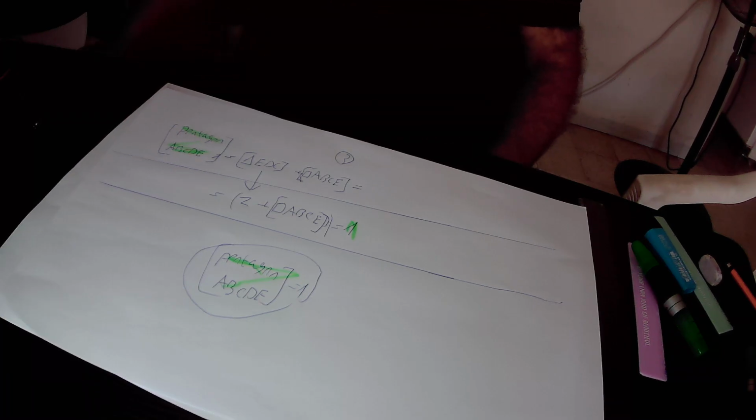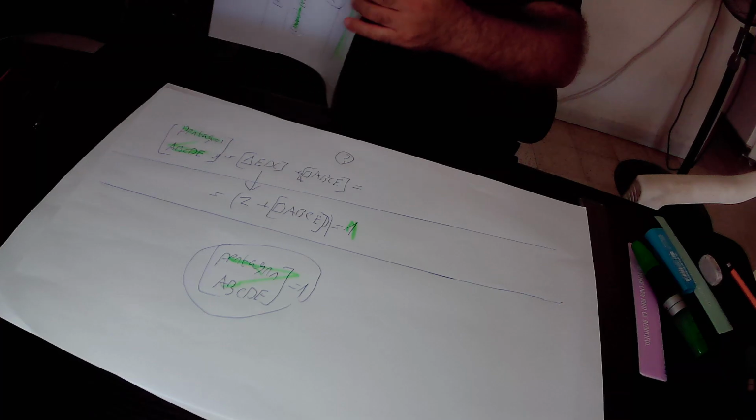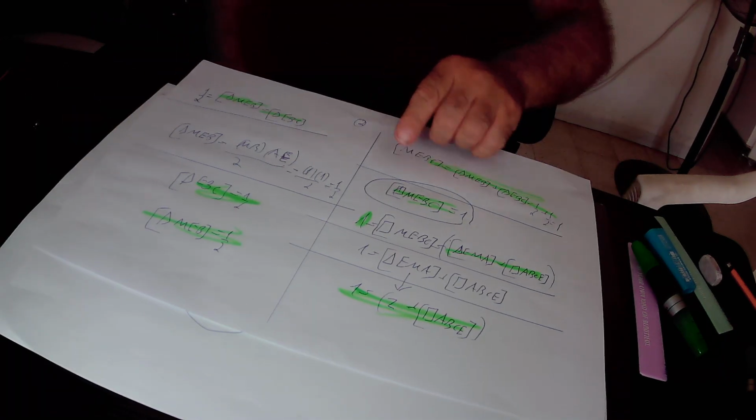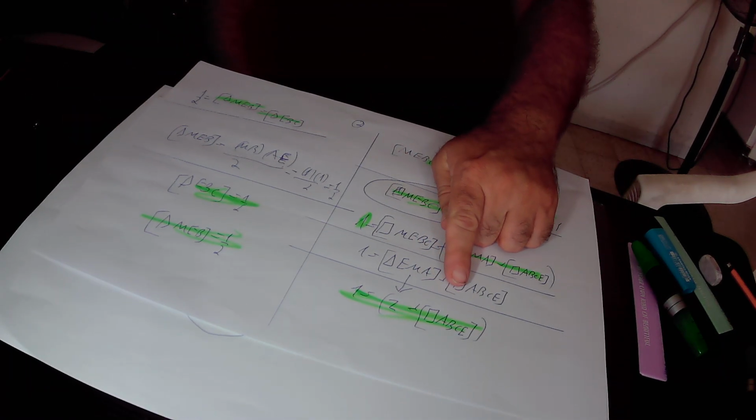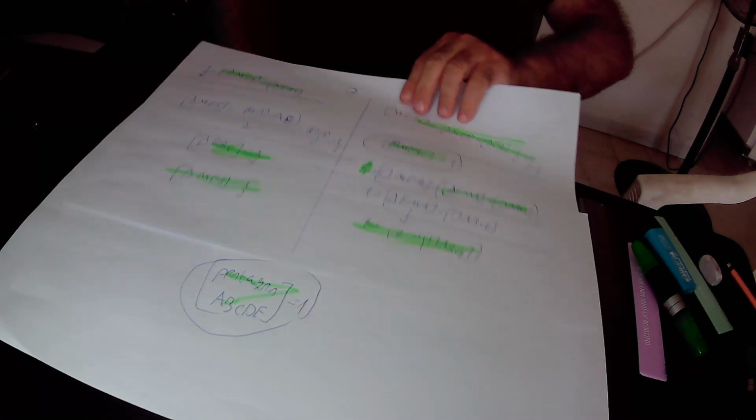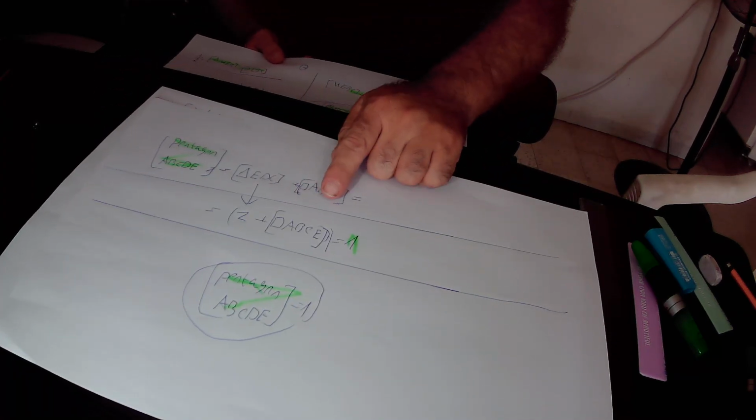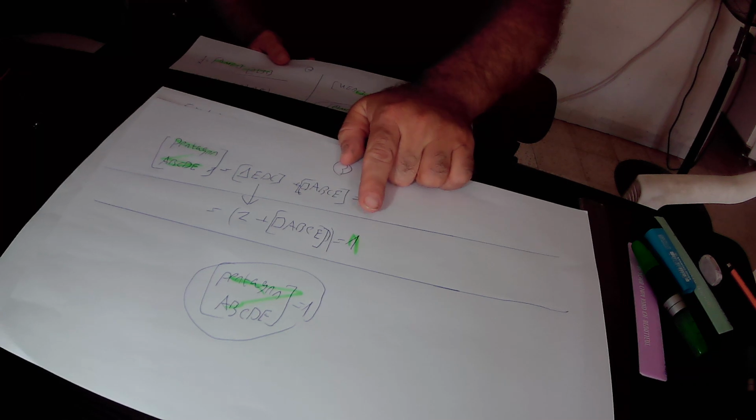But we already found out that Z plus the area of quadrilateral ABCE equals 1.